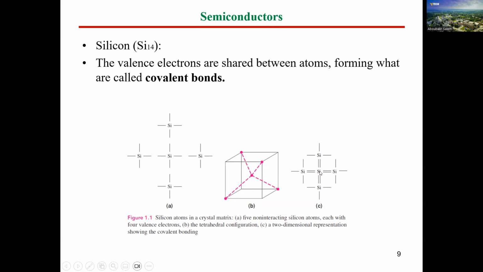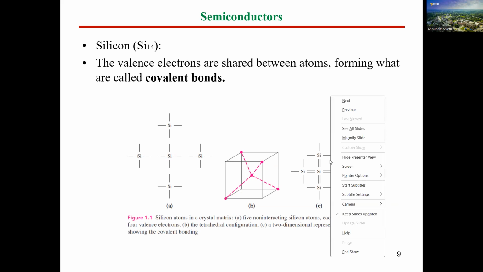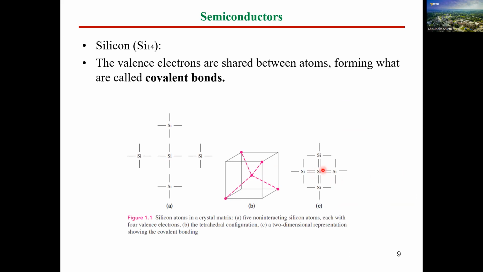So as you can see now, this silicon atom has one electron along with this silicon atom, so they made two electrons together. So there is a bond now between the two silicon atoms.